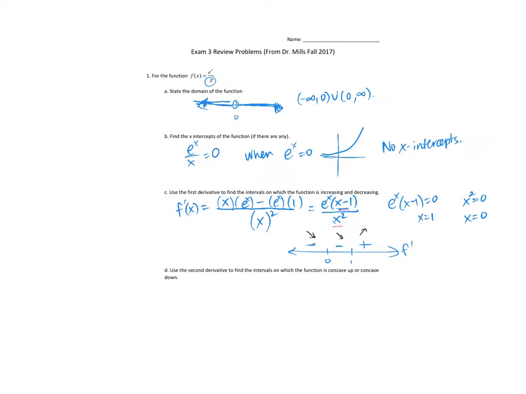Then use the second derivative to find the intervals on which the function is concave up or concave down. If I take the second derivative, maybe I'll leave it this way. My first derivative, f prime, was x e to the x minus e to the x over x squared.